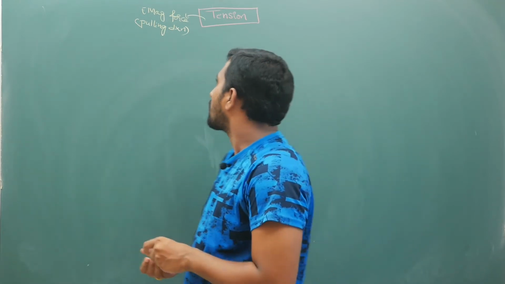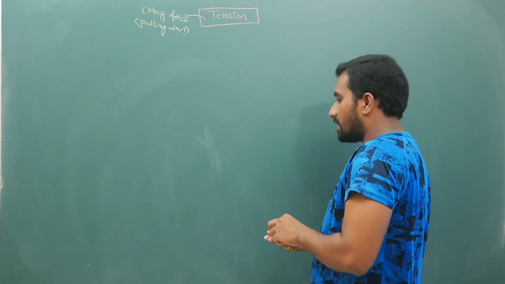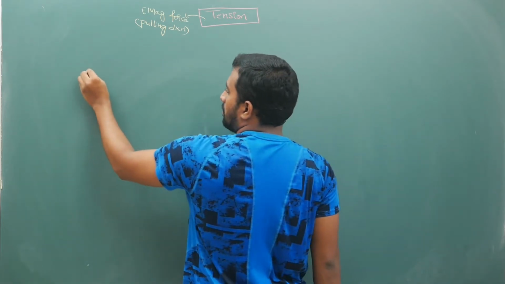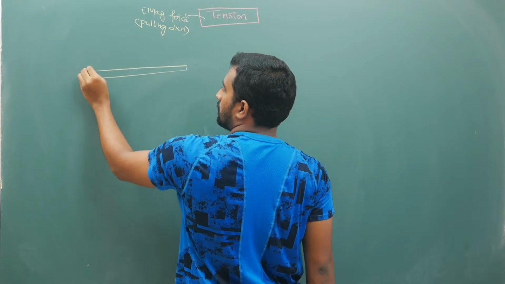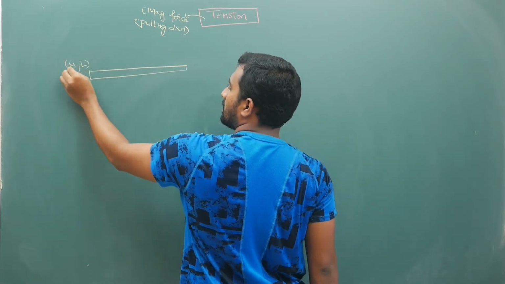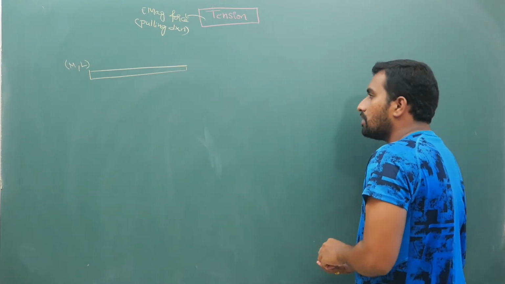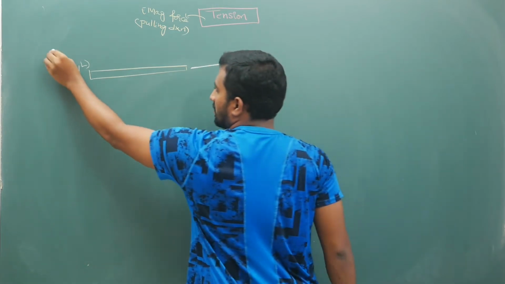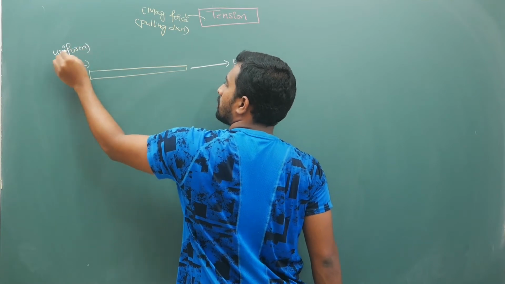Now coming to this part, there are certain basic things that I want you to understand. For example, let us say you have a rope. This rope's mass is m, length is l. Here you are applying some force F, and let us say this is a uniform rope.